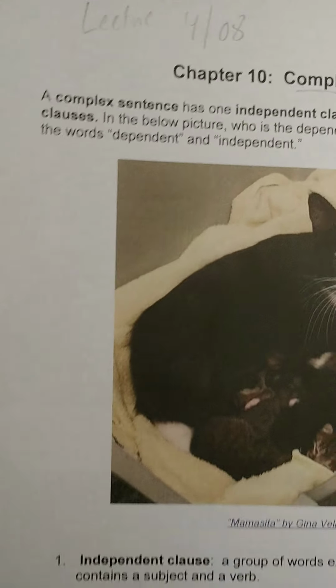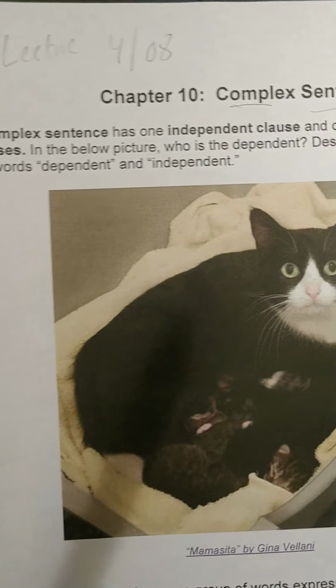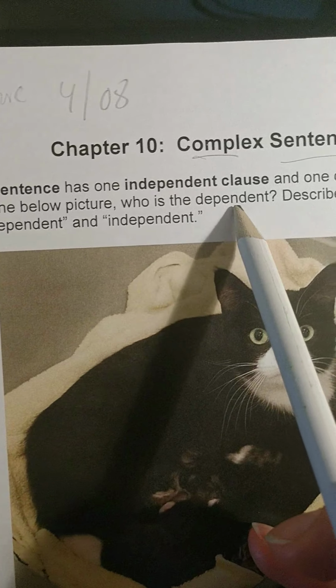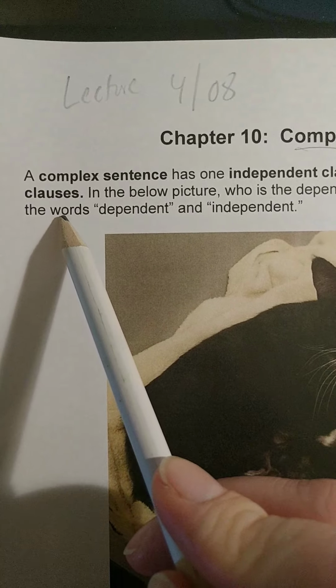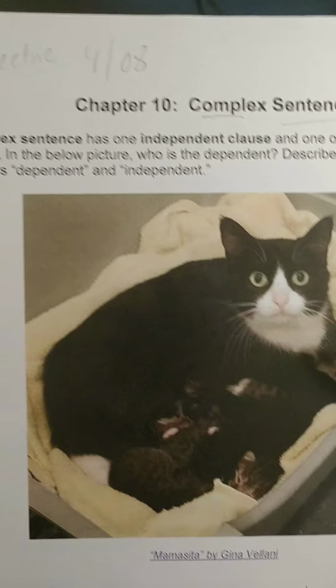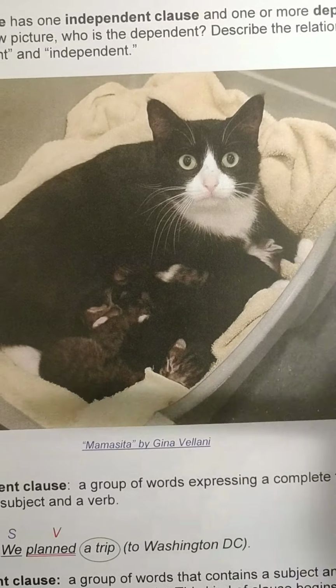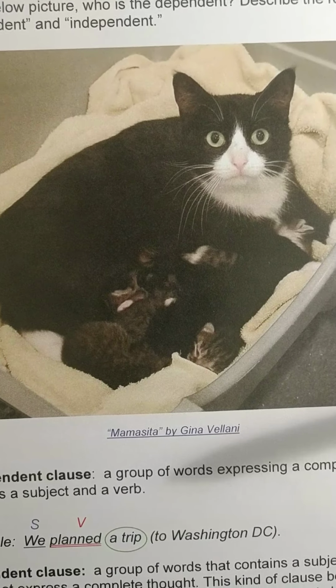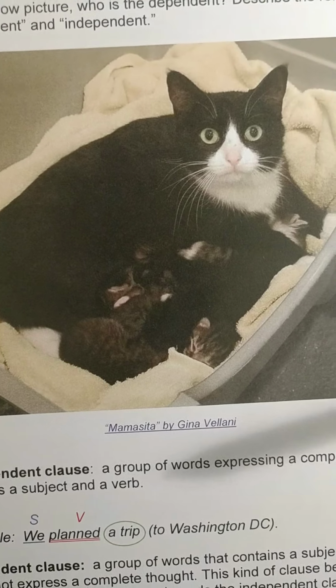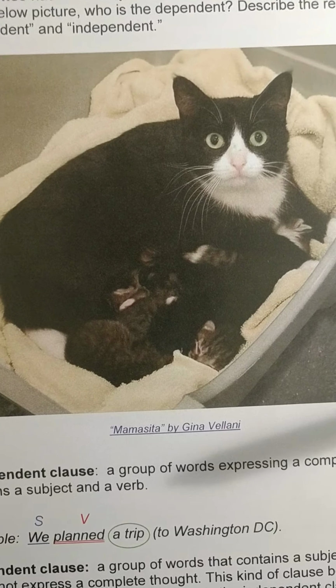Complex sentences have two parts. They have an independent clause and a dependent clause. Okay? Now, if we look at the picture below, who is the independent member of this family of cats and who is dependent?